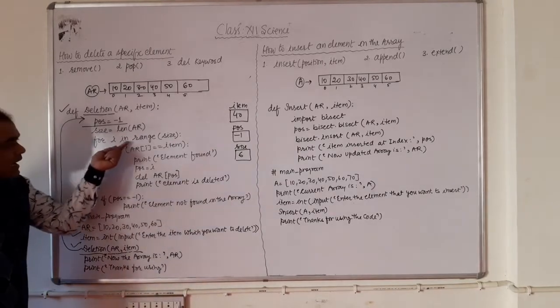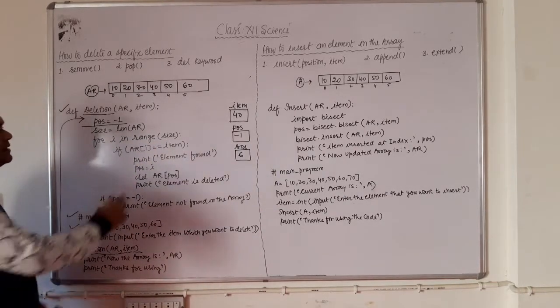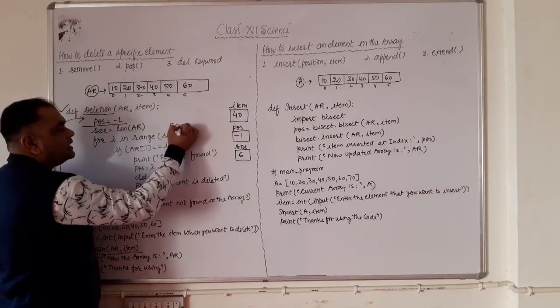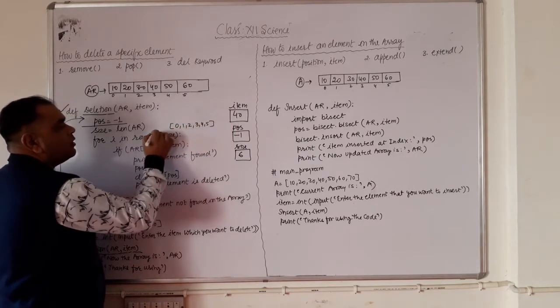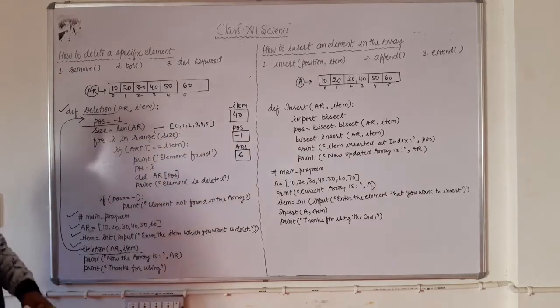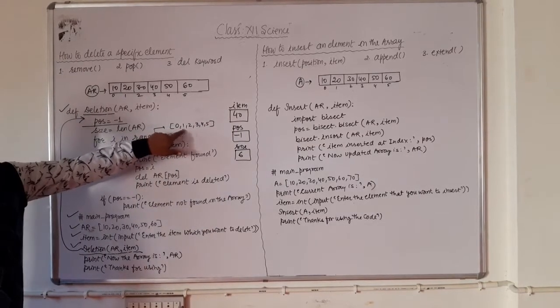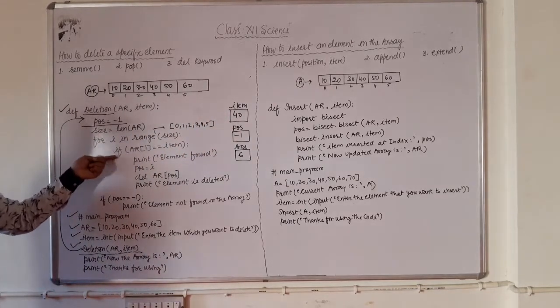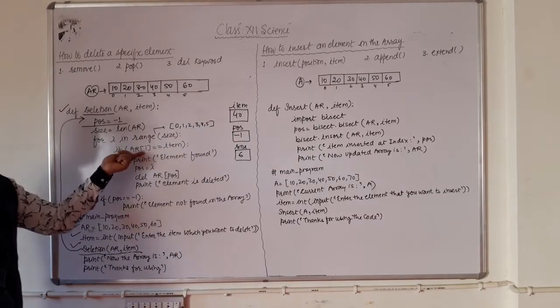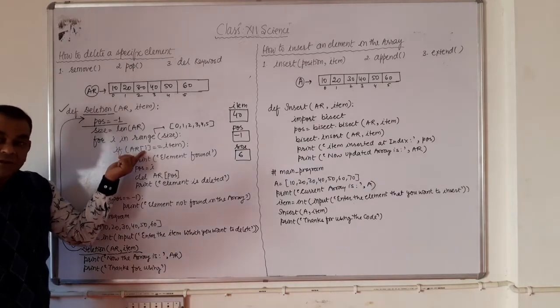Clear? For I in range(size), meaning 6. Now what is the output of this range function? 0, 1, 2, 3, 4, 5. This is the output of this range function. Clear? The value of I is 0, then 1, then 2, and at the last the value of I is 5 here.